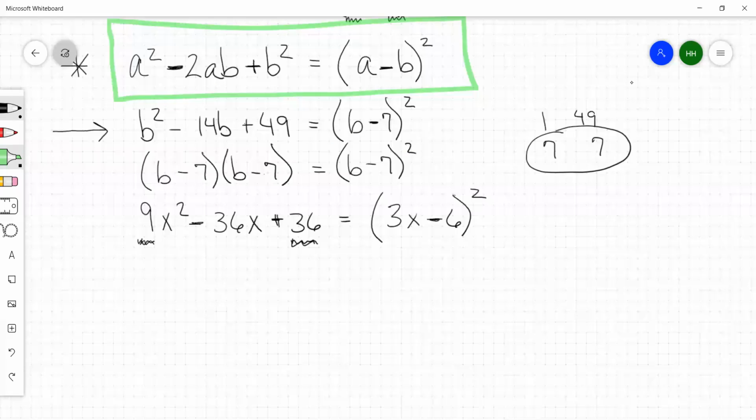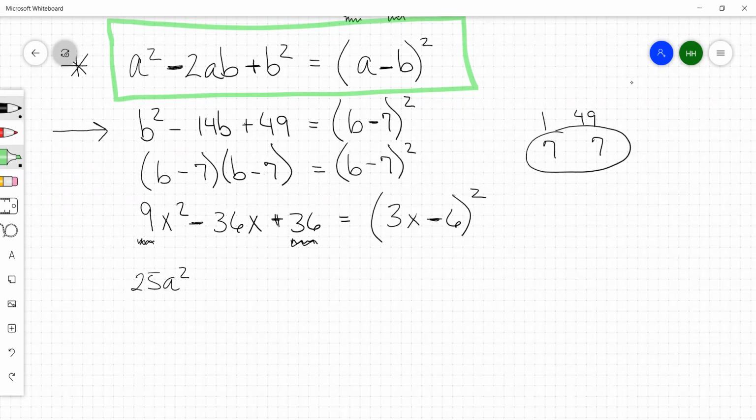So if you had something like 25a squared minus 120a plus 144, instead of spending a bunch of time finding factors of 144 that'll add up to negative 120, hopefully you're going to recognize that 25 is a perfect square, and so is 144.